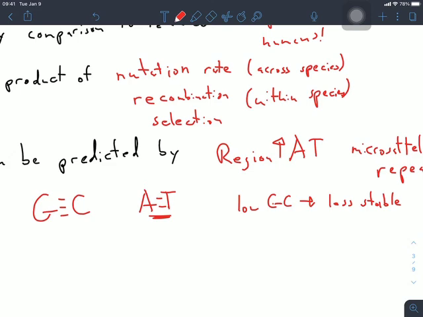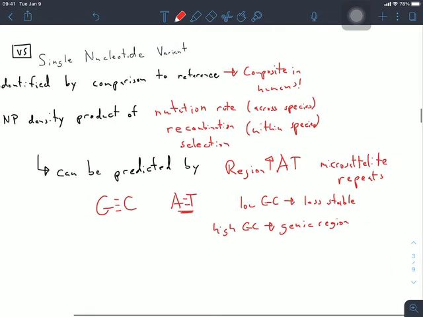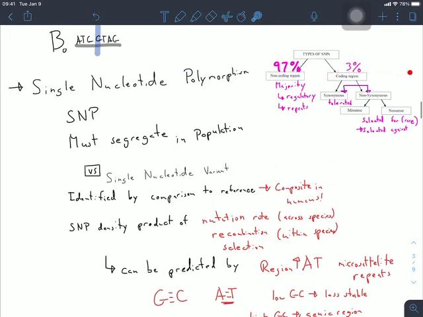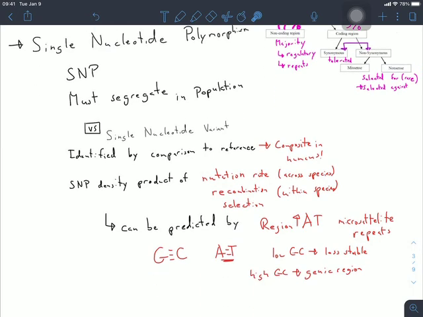Now, when you have high GC content, it means that you are in a genic region. So between these molecular forces about stability and these forces about genic content of AT versus GC bias, so your higher GC in your genic regions, we see that SNP density can actually be predicted by AT content. Kind of neat, huh?